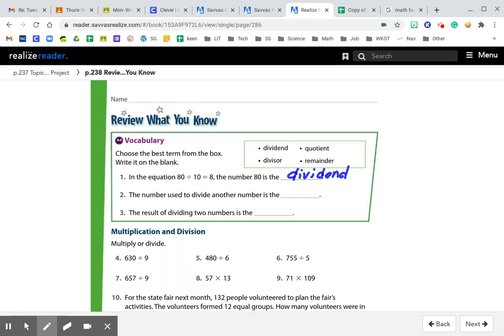The number used to divide another number is called the divisor. And the result of dividing two numbers is the quotient. Remainder would be what was left over after you divided if it was not a problem that went in evenly.